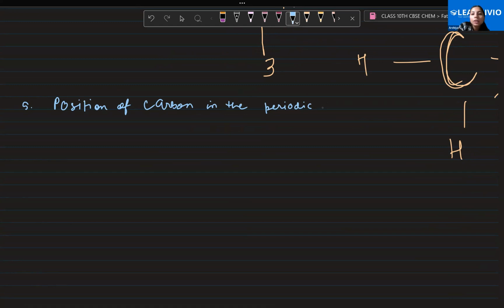So in the periodic table, carbon is the sixth element and it is placed in group number 14. Have you seen a periodic table? Yes, ma'am. So carbon is the sixth element and the group in which it's present is 14.